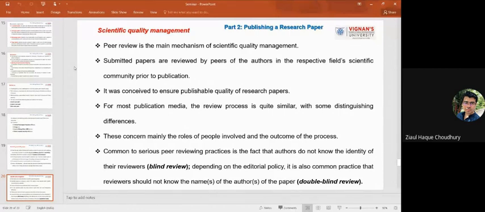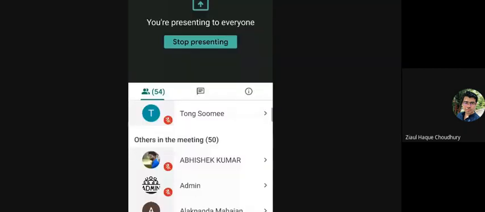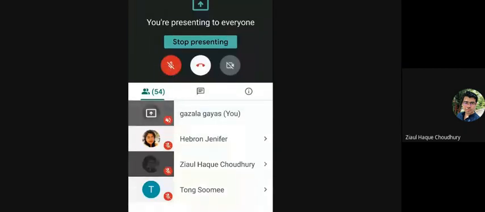If you are communicating to a best scientific journal with the highest impact factor, then they have a double blind review. It depends on what kind of journal you are communicating to. Sometimes you have a blind review, and some journals have a double blind review.